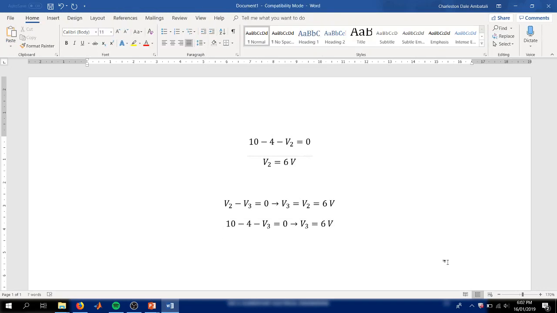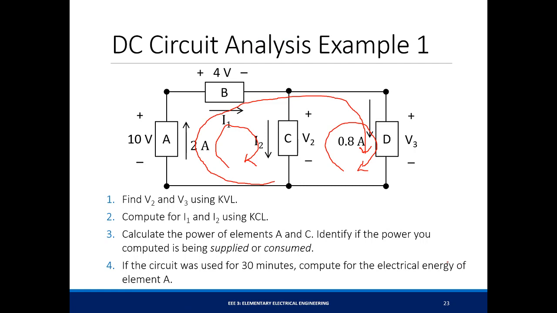It's also 6 volts. Next, you solve for I1 and I2 using KCL. At this node right here, I1 enters and I2 leaves, and there's another current where the 0.8 ampere current leaves.